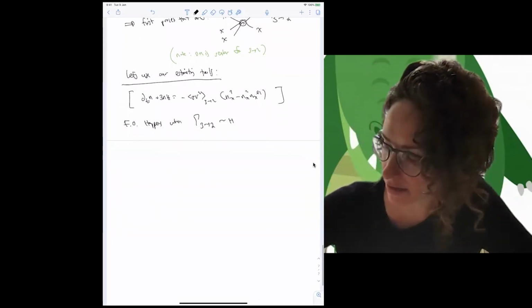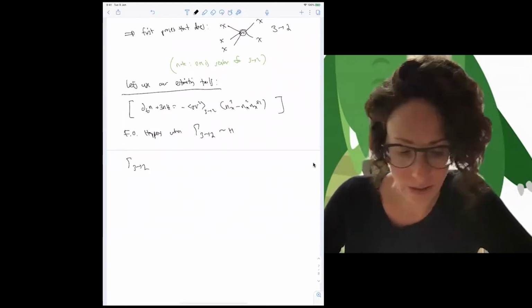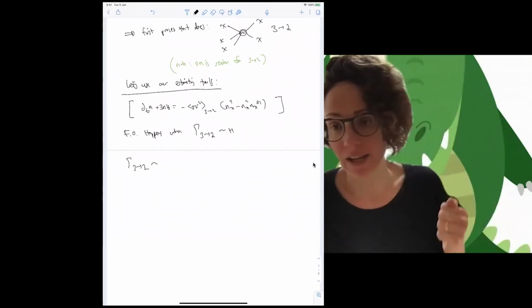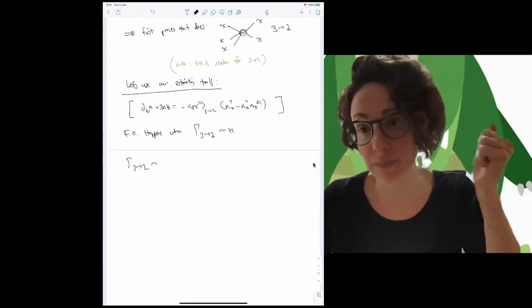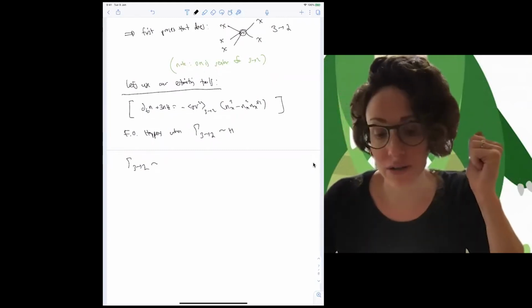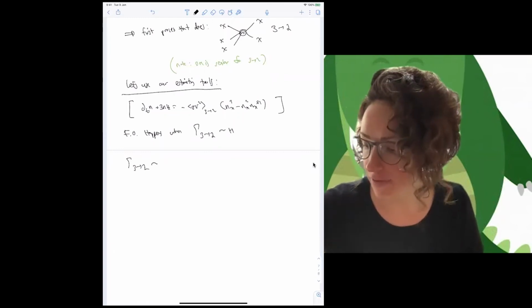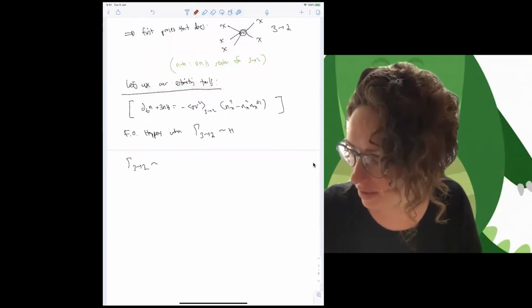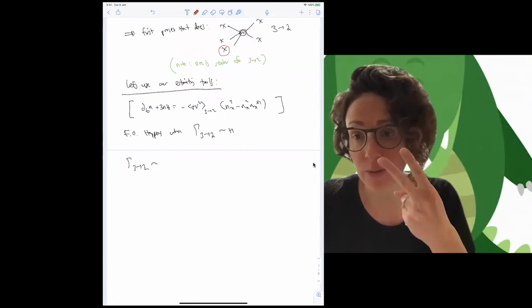So what is the rate for a 3 to 2 process? To remind you, I always ask myself, there are always going to be 2 factors. The first factor is, who do I need to meet in order for this interaction to occur? So I'm a dark matter particle, and for this process to happen, here's me, and this red dark matter particle over here. I need to meet two dark matter particles, right?